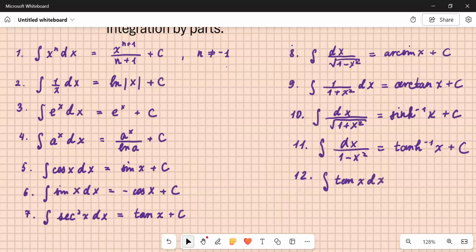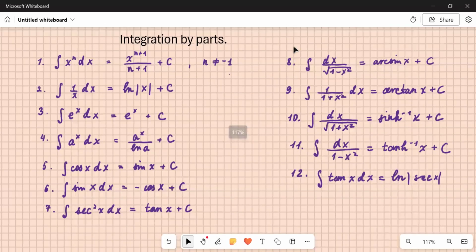It's still dealing with trigonometry, but it was not directly the antiderivative of anything. If you recall, that was equal to ln of secant of x. Sorry, maybe I should make it a little bit smaller so I can fit my constant.